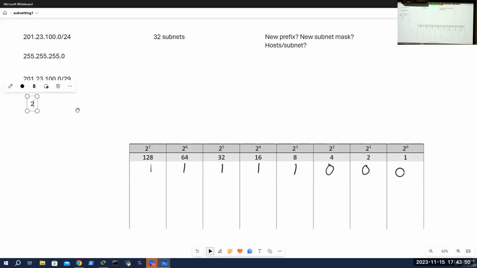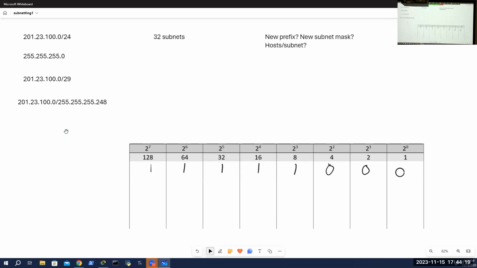And what is that going to be? 248. And I'm just going to do slash notation here. All right, so that is our new subnet mask, new prefix.